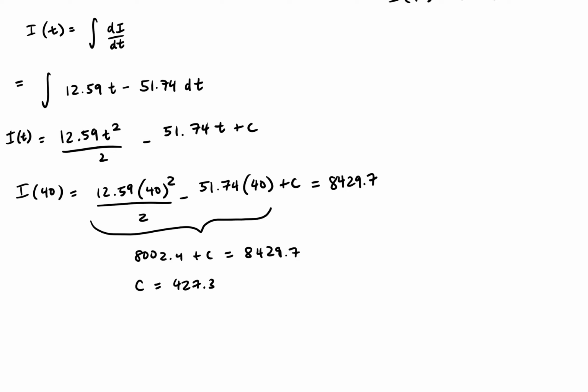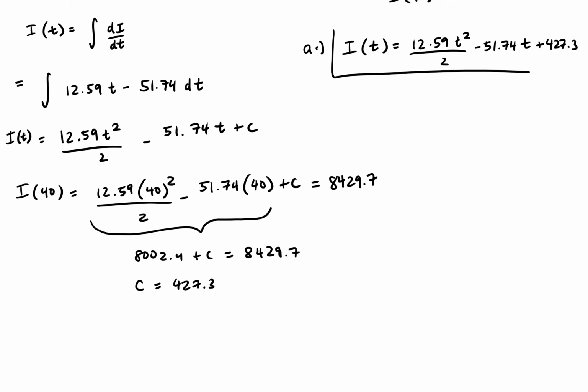So our final answer for part A, which is asking for the income function, is I of t equals 12.59t squared over 2 minus 51.74t plus 427.3. That is our answer for part A.